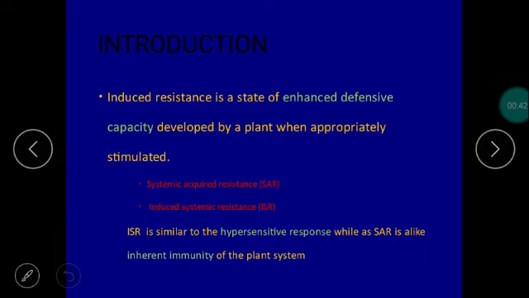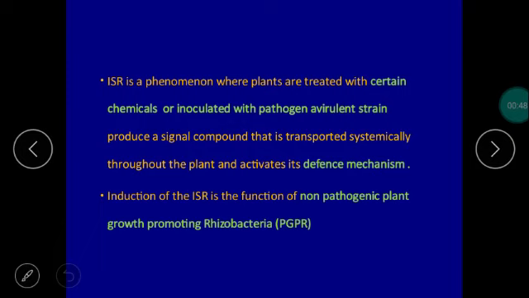But systemic acquired resistance is alike, though it is the inherent immunity of the plant system, which is actually present within the plant. It is a phenomenon in which a disease-susceptible plant is treated with certain chemicals such as jasmonic acid and ethylene compounds produced by that virulent strain, which activates its defensive mechanism.